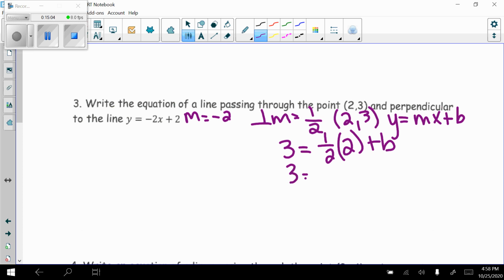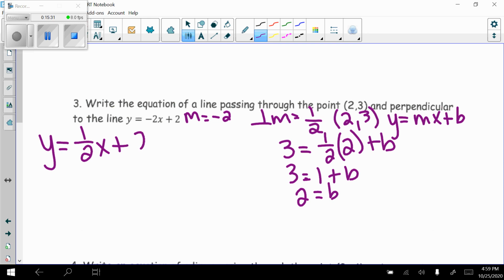So I have 3 equals, yay, look, fraction. 1/2 times 2. What's 1/2 times 2? Sadly, just 1. Our fraction went away. Plus b. Move the 1 to the other side, so I get 2 is equal to b. So now my equation in slope-intercept form, y equals 1/2 x plus 2.